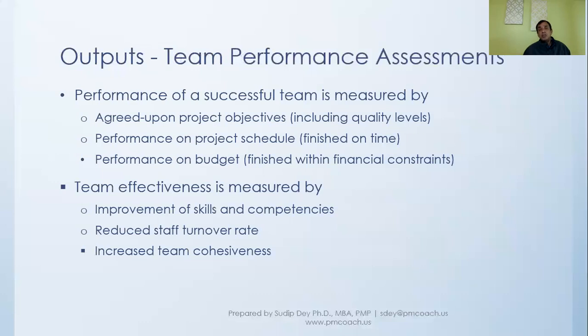Because if a lot of people are leaving the project and new people are coming in, if there is a lot of movement in that respect, that means there must be something that was not working well within the project. And then, how has the team bonded together? That is also another key thing in measuring team effectiveness.